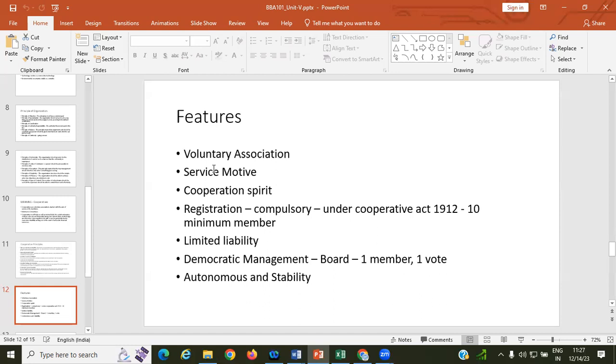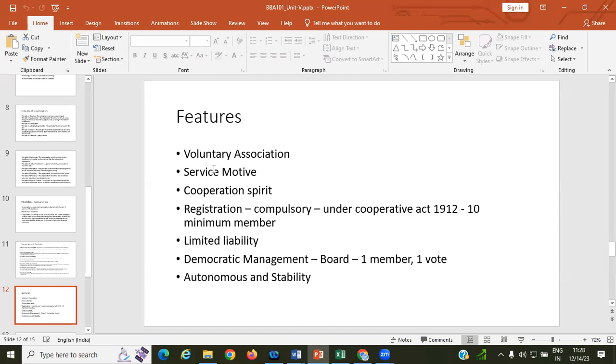Autonomous and stability. Autonomous means the cooperative society itself can manage and control everything, whatever they want. Stability means if a member is leaving, living, or dying, the society will still continue, and a member's existence will not impact the society.